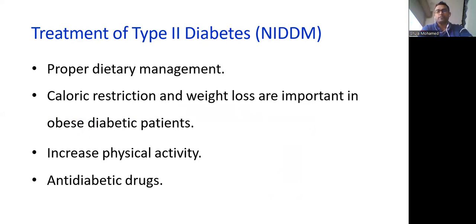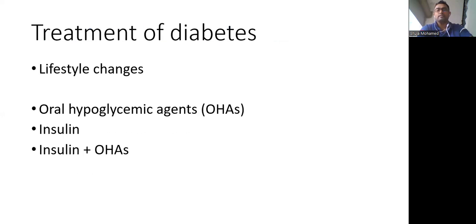Today we are going to mainly discuss oral hypoglycemic agents. You can give that alone or you can combine that with insulin. And never forget lifestyle: eating habit, physical activity, and sleeping habit.